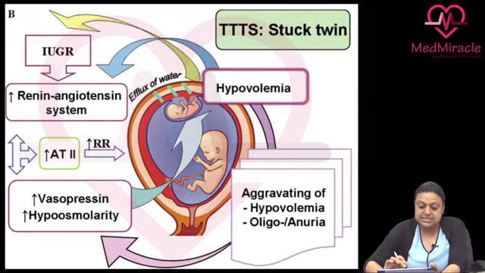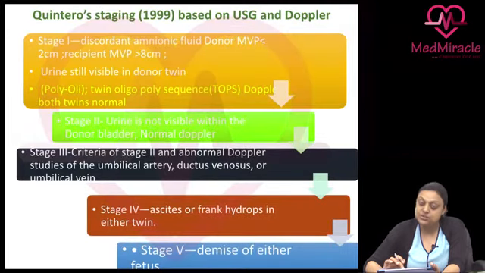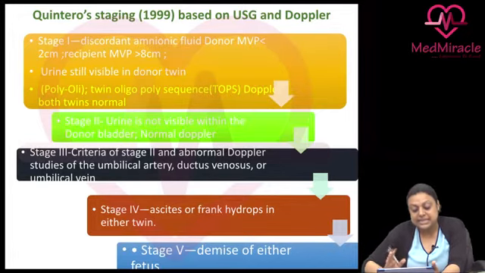So in TTTS, there is something called a Quintero staging. Stage 1 there is an oli-poly sequence. That is, in one twin there will be oligoamnios, which is the donor twin, and in the recipient twin there will be polyhydramnios. In the second stage, there is no bladder shadow visible in the donor twin, and Doppler, however, will be normal.